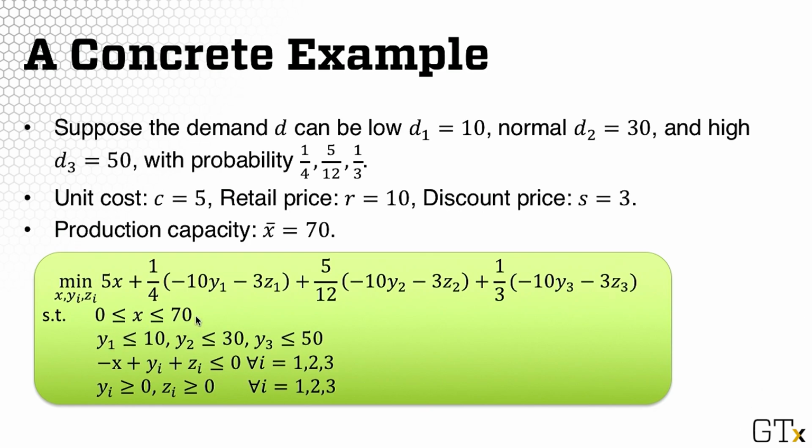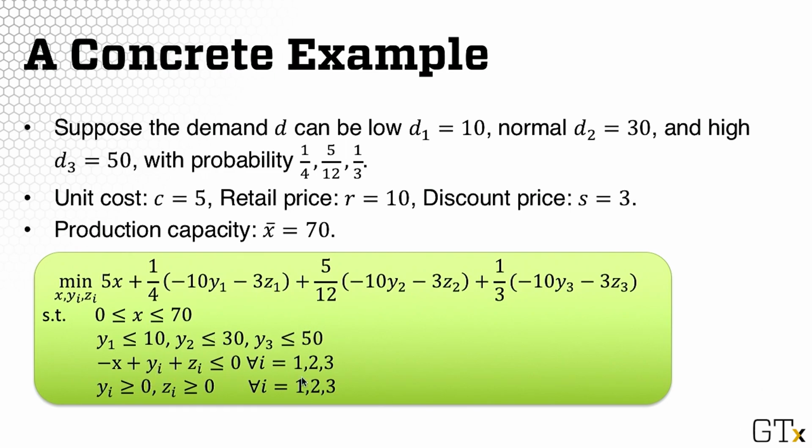And we have a constraint on the first stage decision not exceeding the production capacity. And each y should not exceed the demand. How many we sell at the regular price cannot be more than the demand. So for scenario 1, demand is 10, scenario 2, 30, scenario 3, 50.